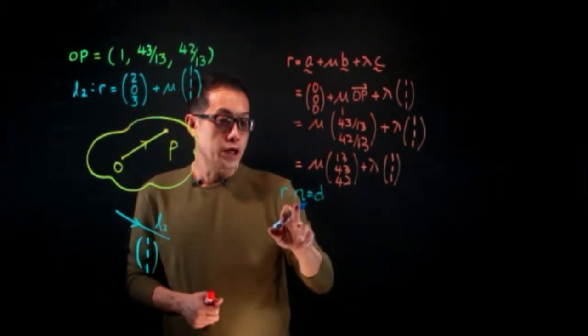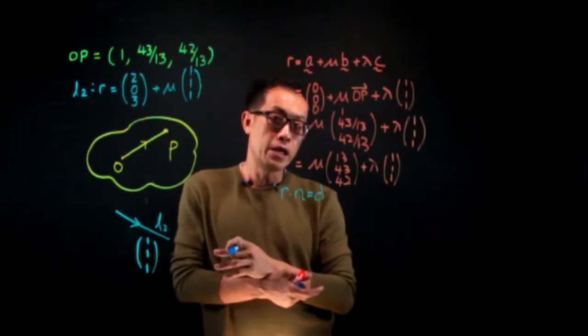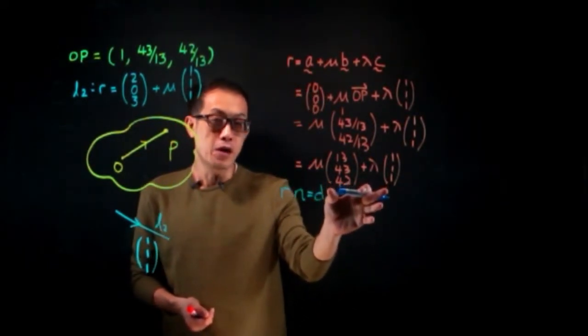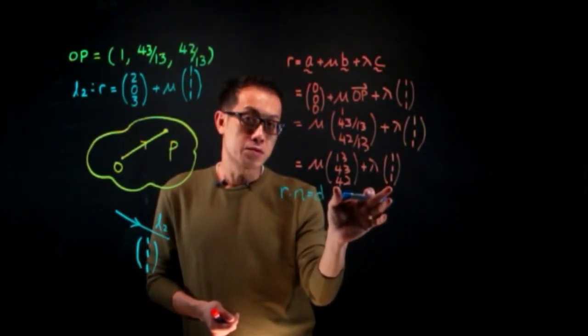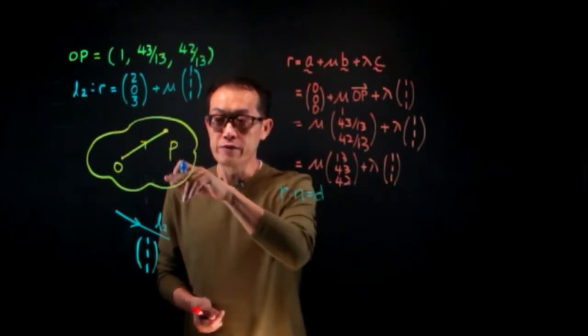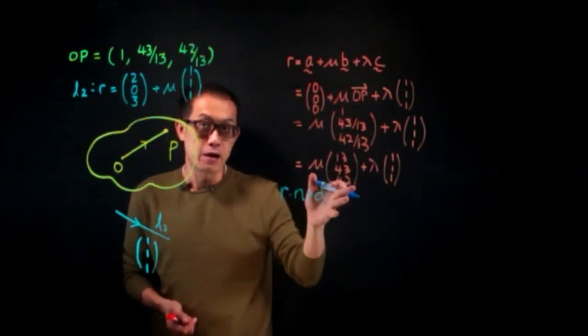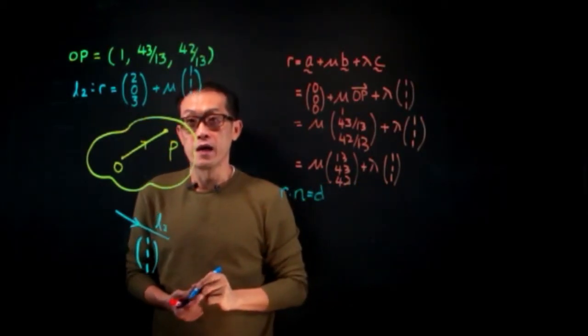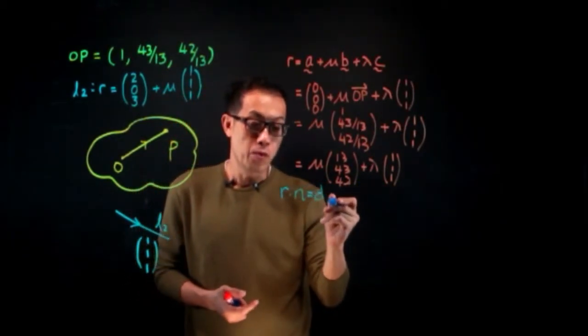Now, what is n? n is a normal to the plane. That can be obtained by doing a cross product of the two direction vectors that the plane is parallel to. So we can use this, cross this, and we will get the n value.